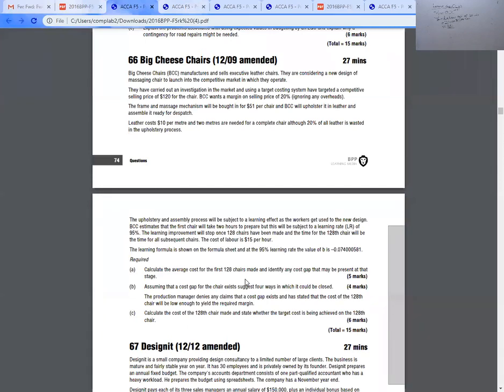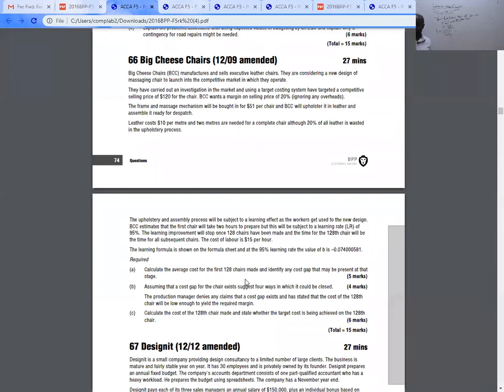Brilliant. From there, I know the next thing will be about b. b is what we call the learning index. To get the learning index, we normally take log r divided by log 2, that is, log of the learning rate divided by log 2. r is the learning rate.